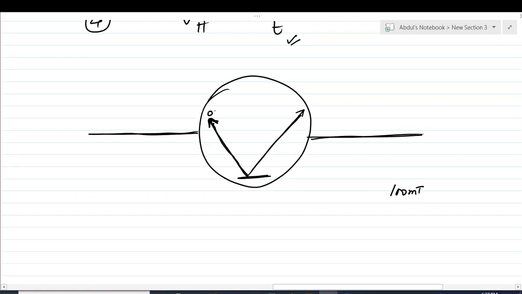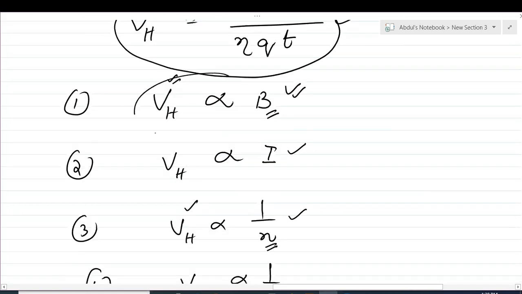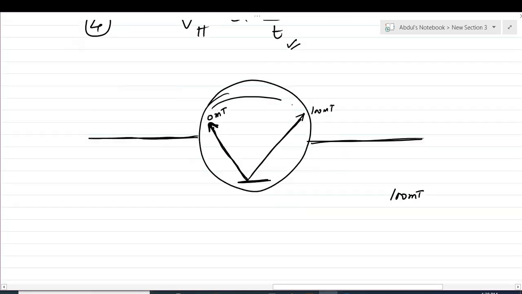So instead of voltage, if we write here 0 millitesla, and it is calibrated into 100 millitesla, look at this, voltage and B are directly proportional. Directly proportional means this scale must be linear. Then this middle value will give you 50 millitesla. This will give you 25 millitesla, 75 millitesla.